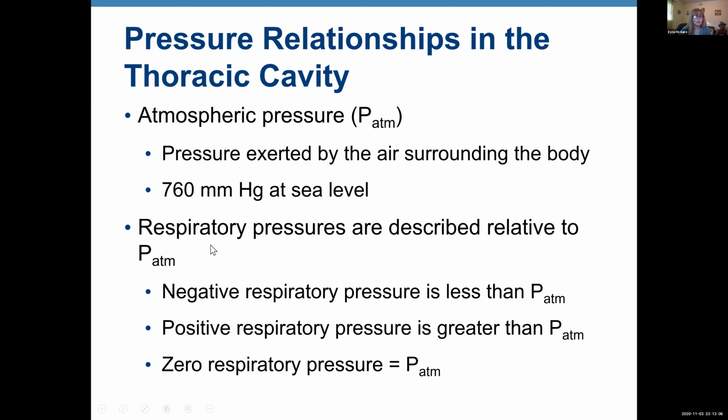Now we have respiratory pressure, and it's always described relative to atmospheric pressure. A negative respiratory pressure means it's less than atmospheric. A positive respiratory pressure is greater than atmospheric pressure. And zero respiratory pressure isn't actually zero, it's just equal to atmospheric pressure. Keep that in mind.